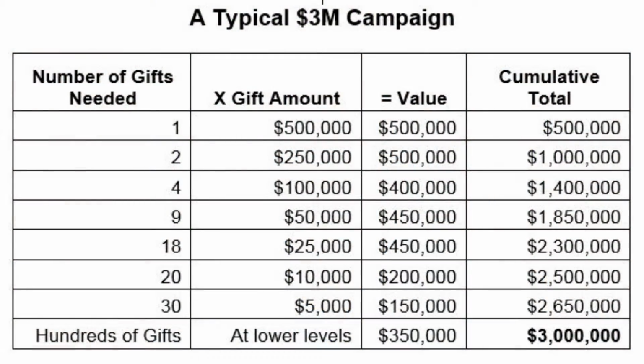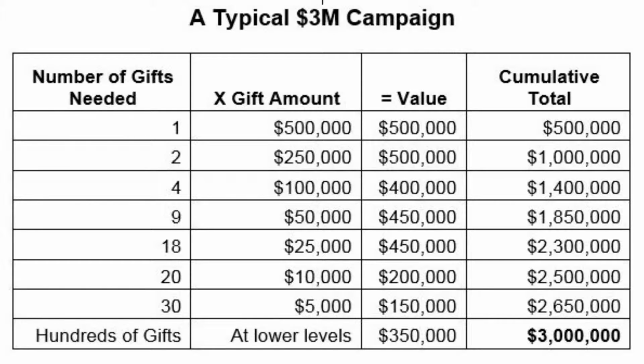Do the math with me so you know how the chart works. First, look at the first column, number of gifts needed. According to the chart, we tentatively need one gift of $500,000, two gifts of $250,000, four gifts of $100,000, and so on.